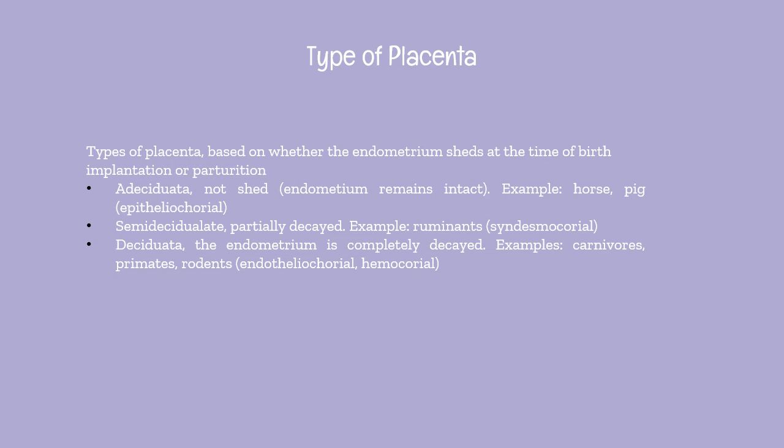The next is semideciduate: partially shed, for example in ruminants, or syndesmochorial. And the last is deciduate: the endometrium is completely shed, for example in carnivores, primates, and rodents, or endotheliochorial and hemochorial.